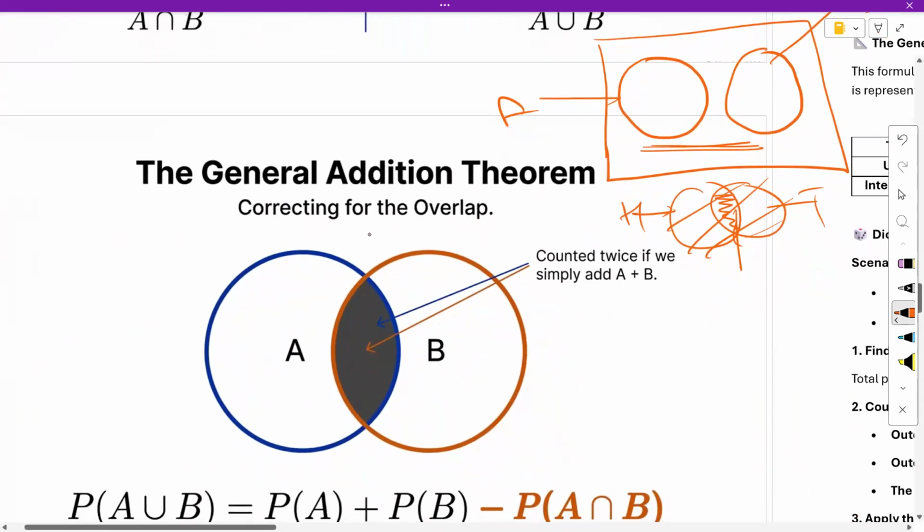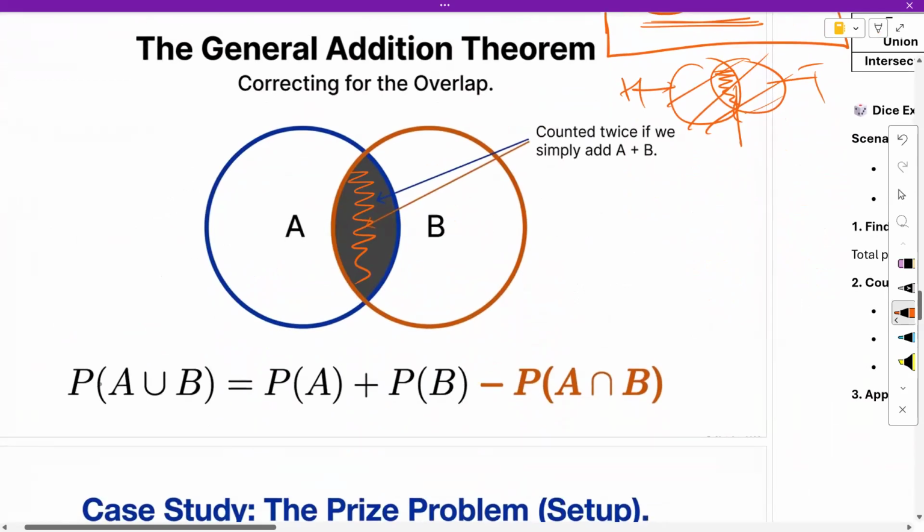Here, the general addition theorem, correcting for overlap. Look at this. The probability of A or B means the probability of A union B. When you look at this formula, A union B equals the probability of A, this area.